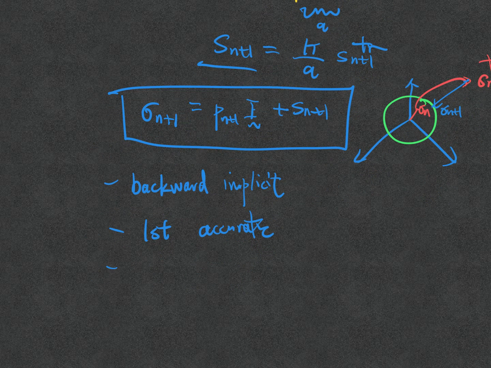And the important thing is that it is also exact for the radial direction, for radial loading. Okay, you don't lose any information if you're loading in the radial direction of the stress. You only get some error in all the other directions.